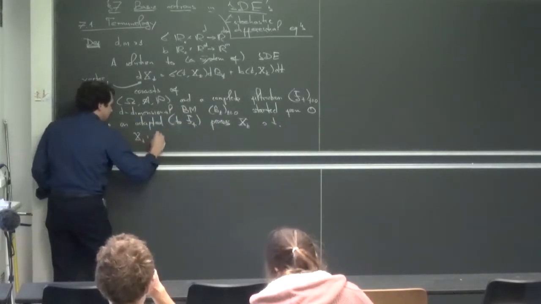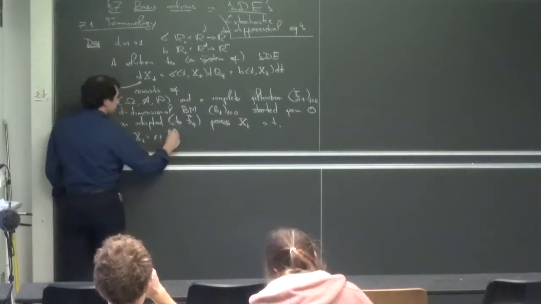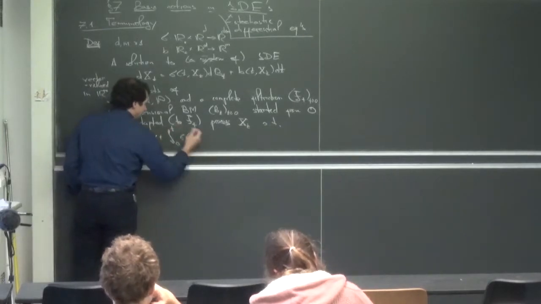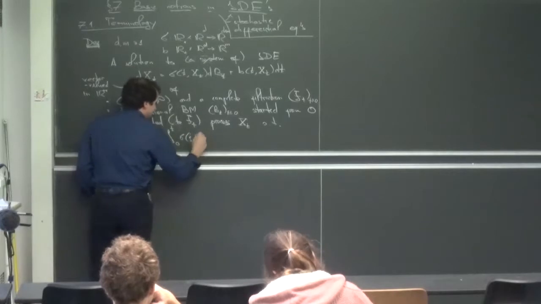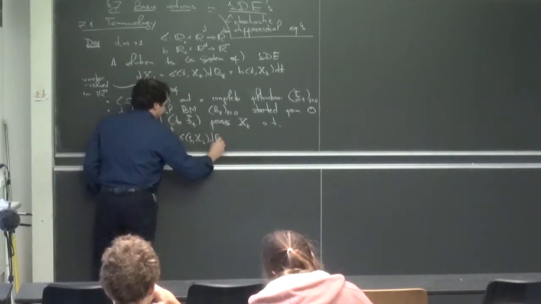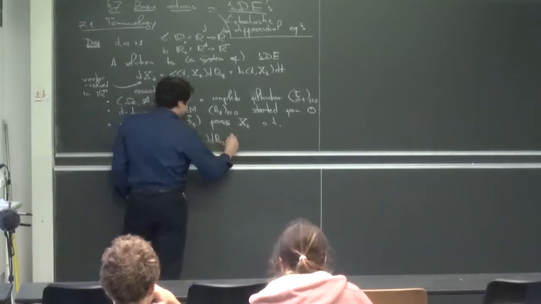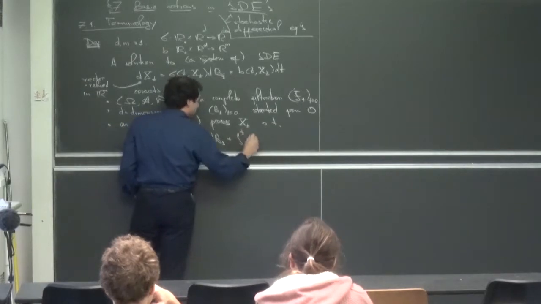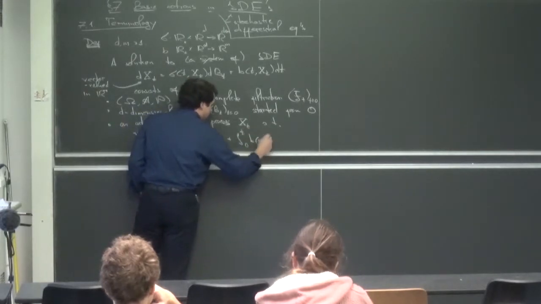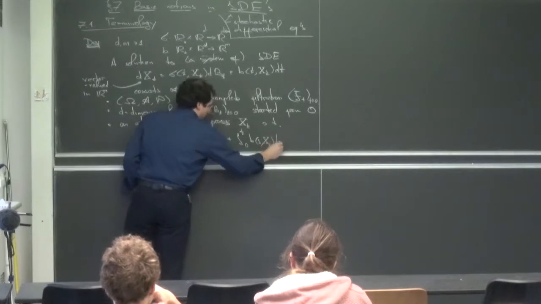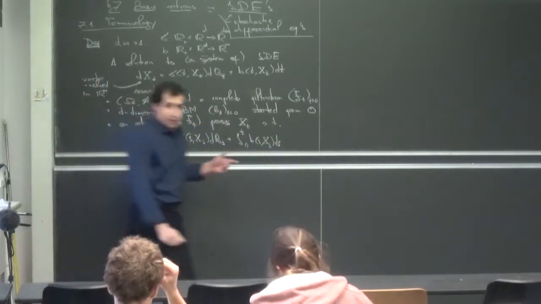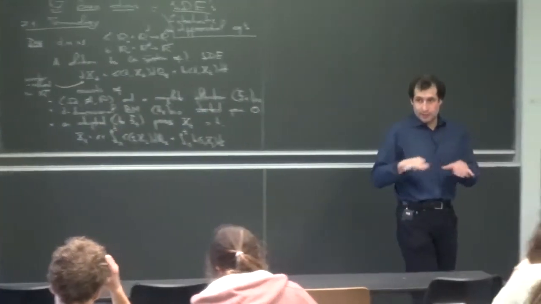X_t is x plus the stochastic integral of that plus the Lebesgue integral of this. And this, of course, should be understood component-wise.